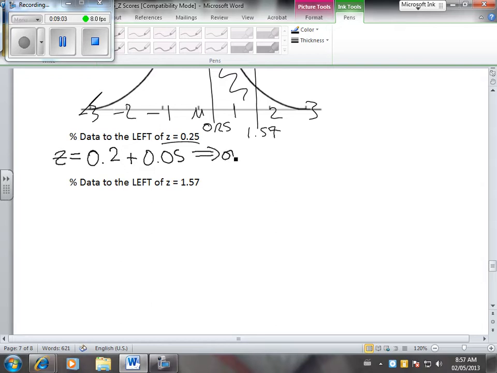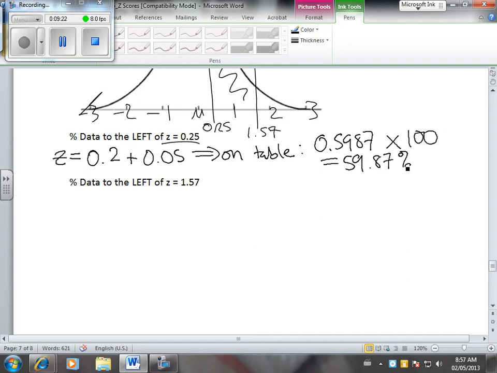And on the table, this equals 0.5987. And we multiply that by 100, and we get a percentage of 59.87%.